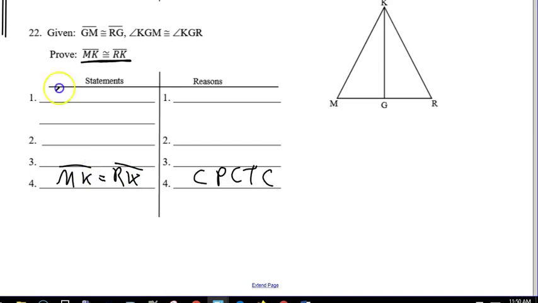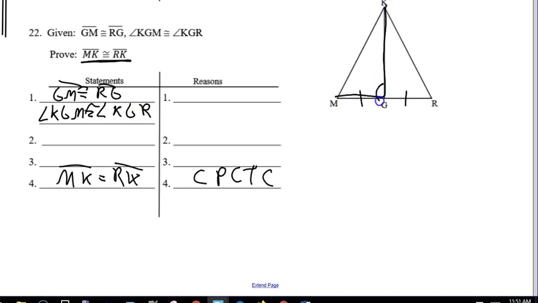Okay? Given GM is congruent to RG. GM, RG. All right. Angle KGM is congruent to angle KGR. Where are those? KGM goes here to here.